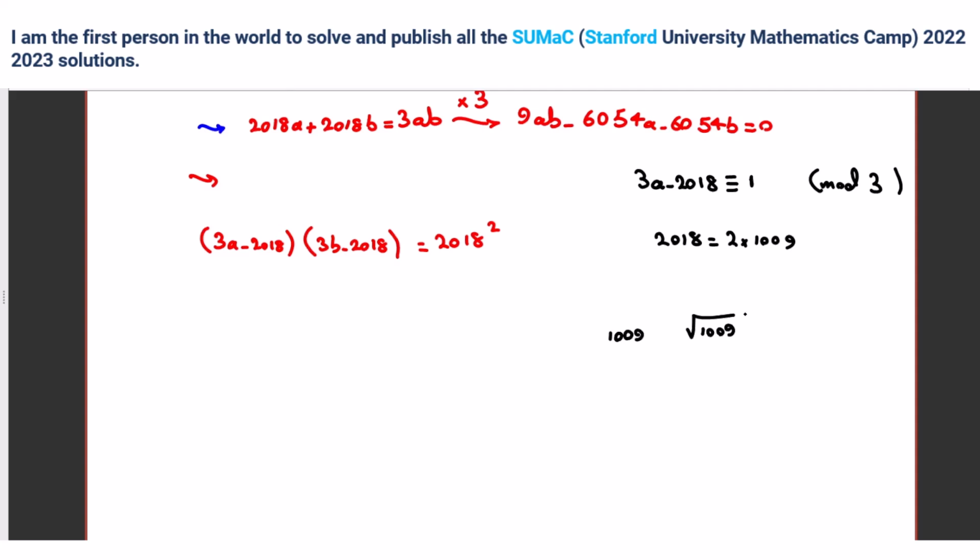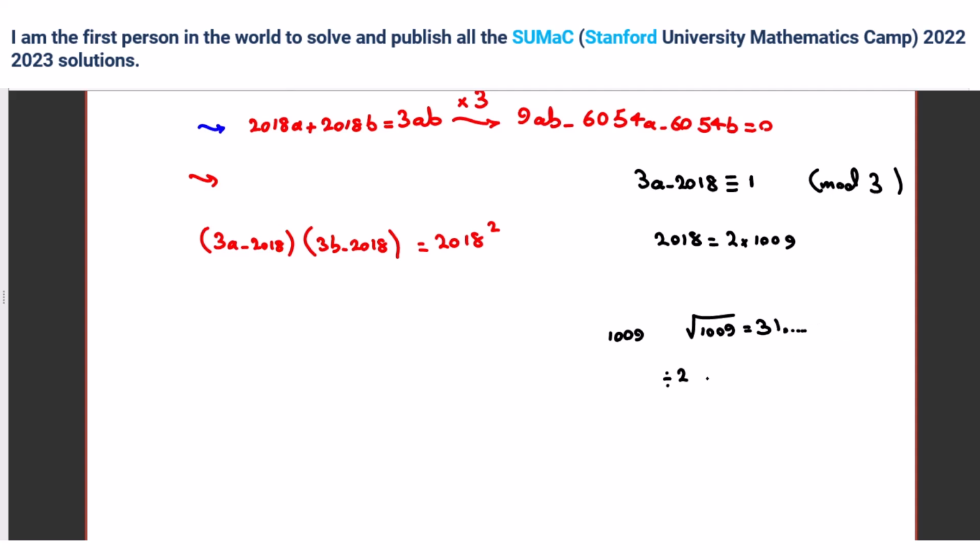The square root of 1009 is around 31 point something. 32 squared is 1024, so it's 31.